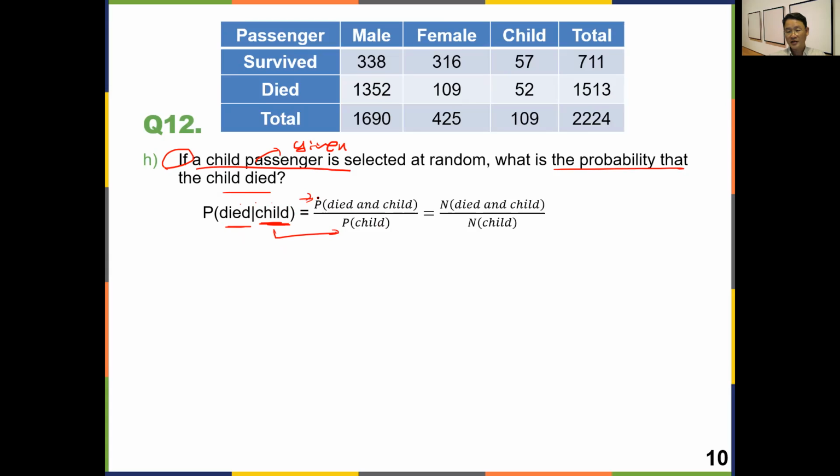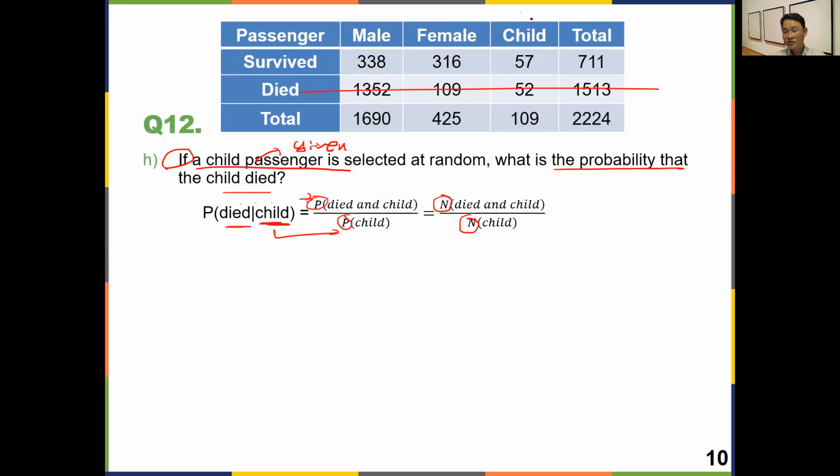And like I said, that P, we can replace that with the N for the contingency table question. It doesn't work if it's not a contingency table question, because you don't have that number. But if it's a contingency table question, then you can replace that P with N. So how many of them died and child?